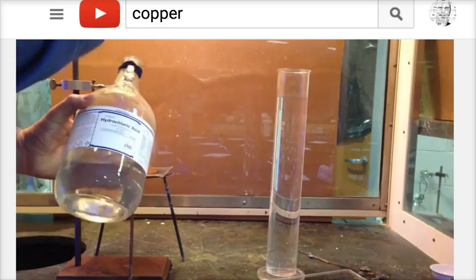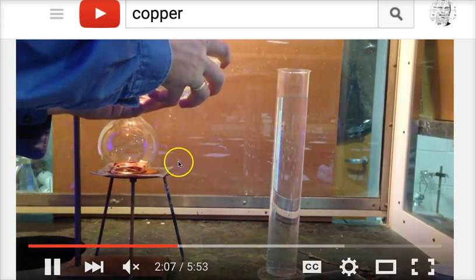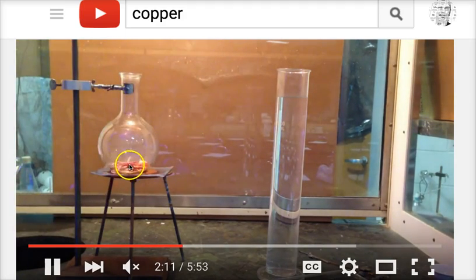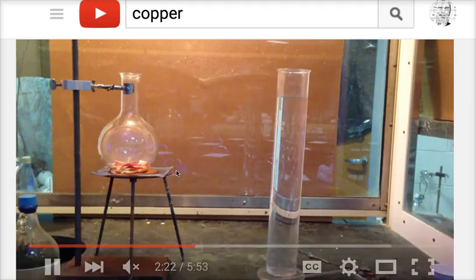Now, I'm pouring some hydrochloric acid, as you can see, into it. And we're going to see that the hydrochloric acid, and this is full strength, has no effect whatsoever. There's nothing happening here because the H+ are just not strong enough to yank the electrons away from the copper.